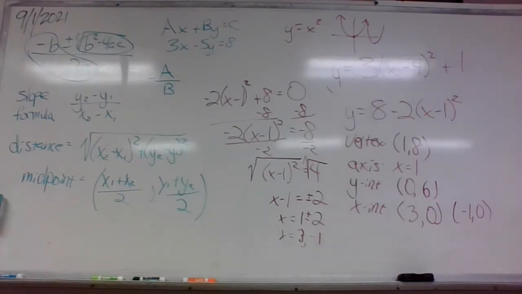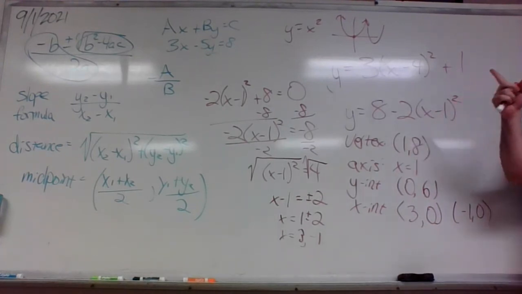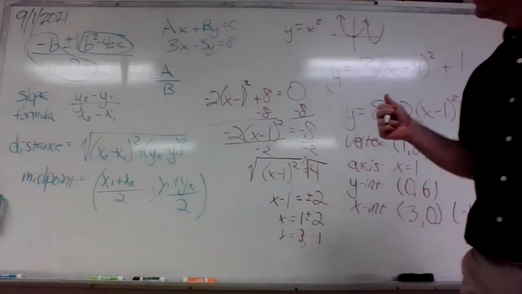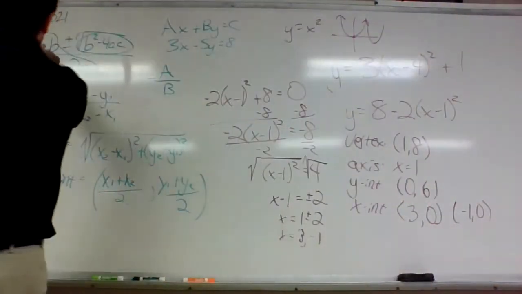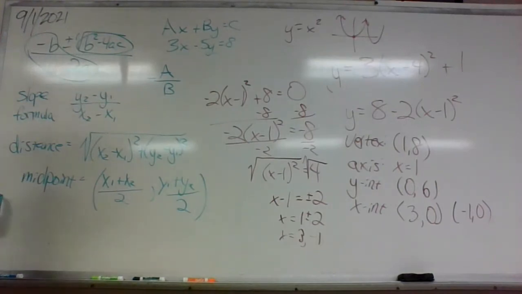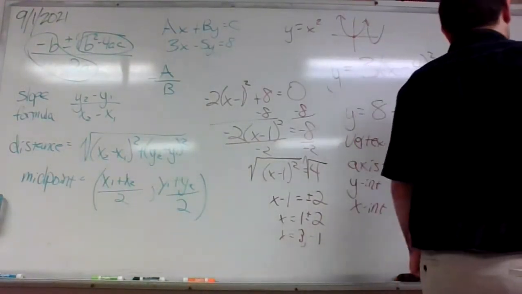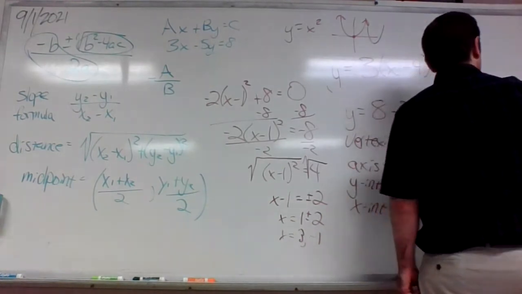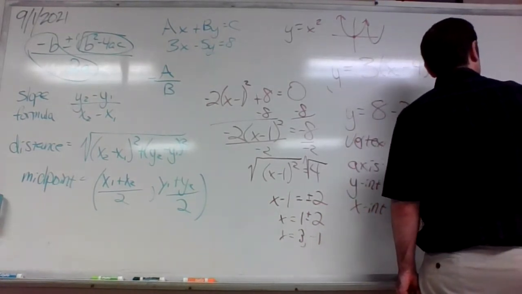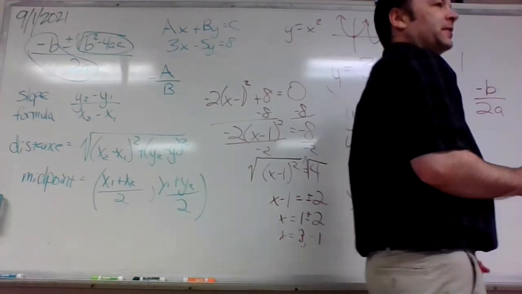How do you get the vertex? Use negative b over 2a. That's what we were talking about on this, what you missed, Drew. It will be on the videos if you watch it. Negative b over 2a tells you where the middle of the graph is.